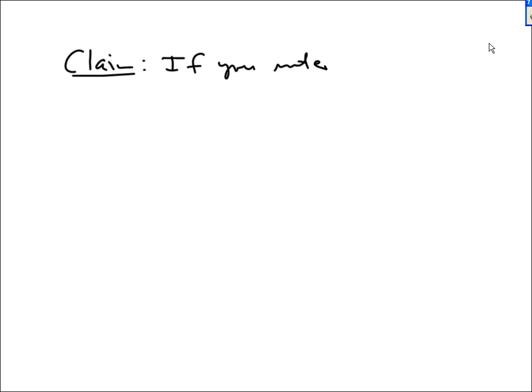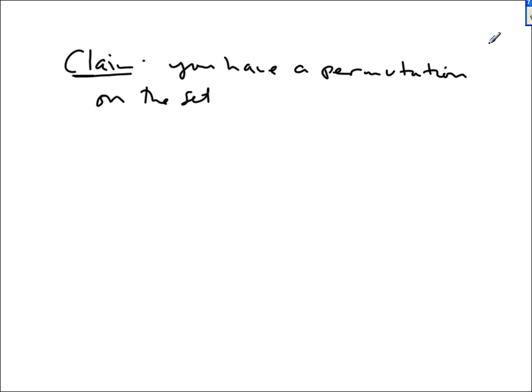Claim. You have a permutation on the set 1 through n.